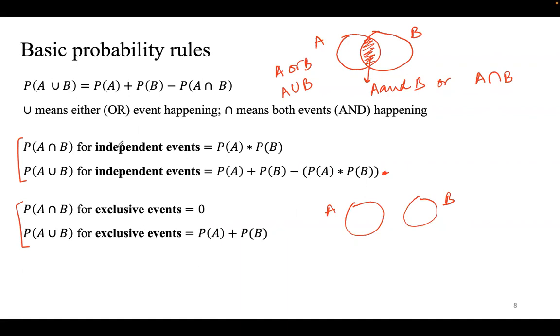Events are defined as independent when event A is not affecting B, so the intersect is just the product of the two probabilities, and that's what you plug into the formula. For exclusive events, this intersect is 0, so the union is only the sum of these two probabilities.